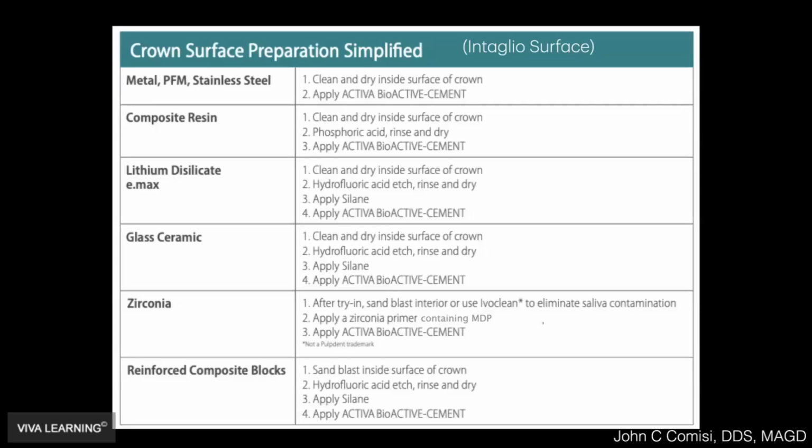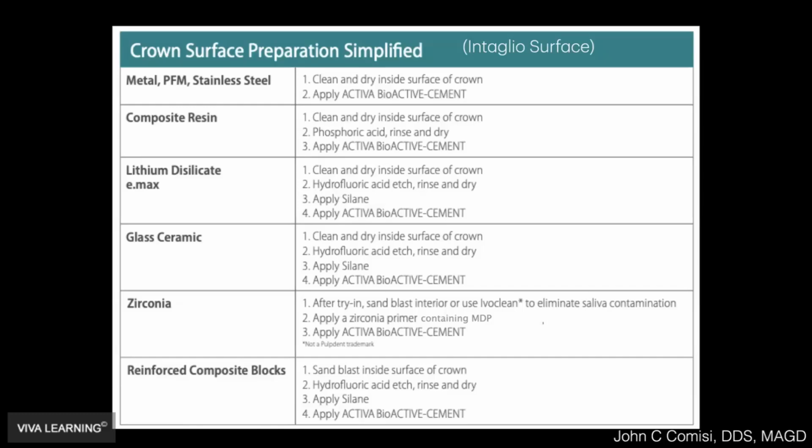If you're going to cement, you need to clean and dry the inside surface of the crown, then apply your cement, place it on the tooth, and do the steps that we just talked about: tack cure it, clean it up, and allow it to continue its dual cure.